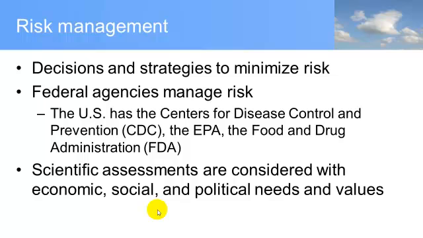And the Food and Drug Administration manages risk associated with medicines and food additives as well as medical devices and cosmetics. When you're making risk management decisions, oftentimes the policymakers have to balance not just the scientific data, but also economic, social, and political needs.